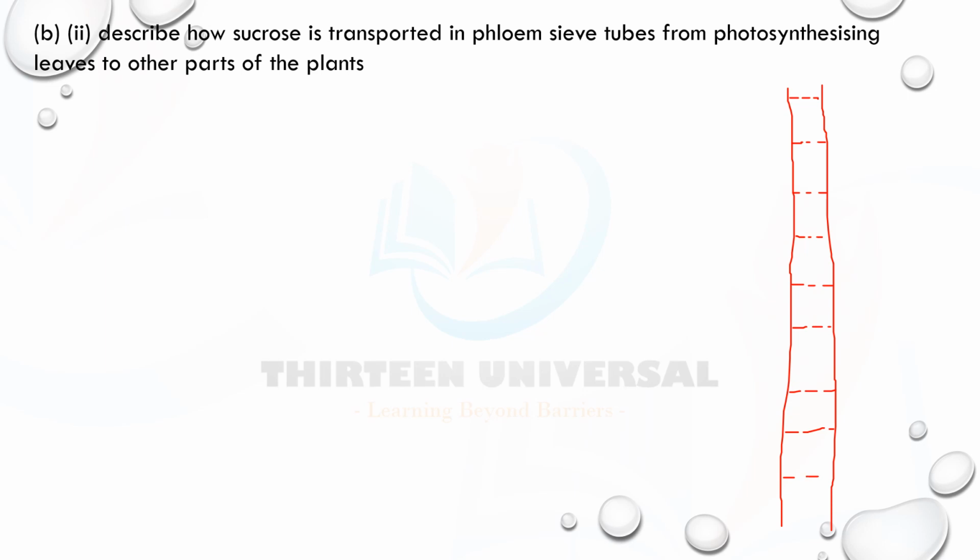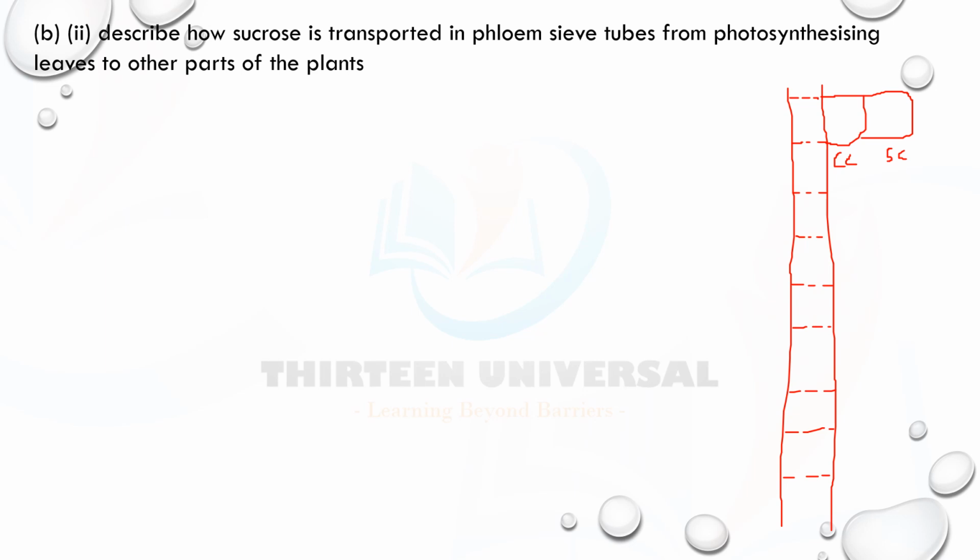The question says we should describe how it does that, but don't forget that we have the companion cell here, which helps in the loading of sucrose at the source. This is the source cell, so I can call it SC. This is the companion cell, CC. The companion cell loads sucrose from the source cell into the sieve tube element.